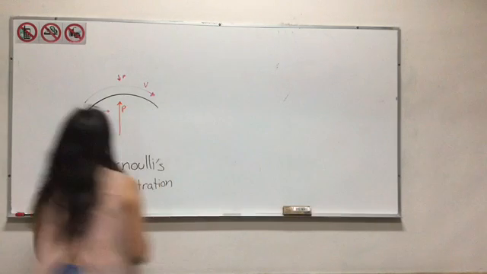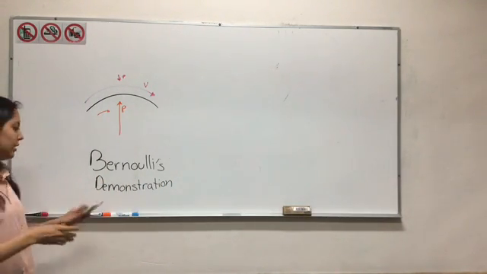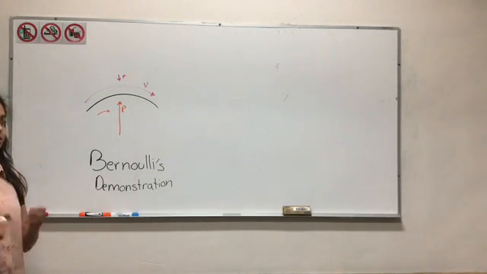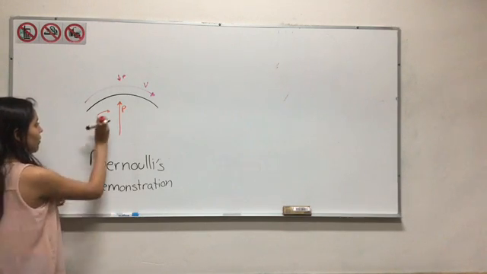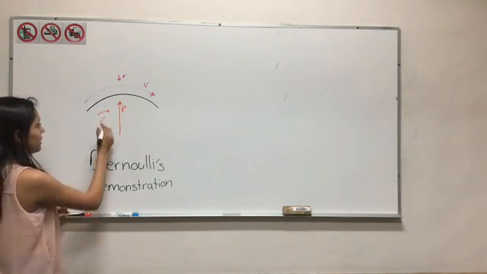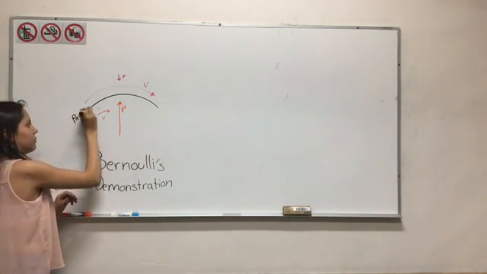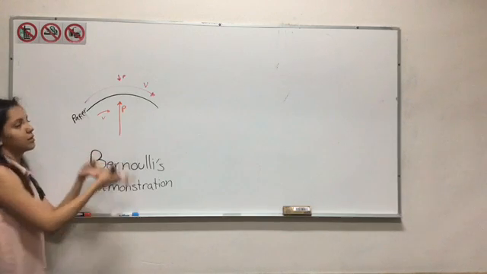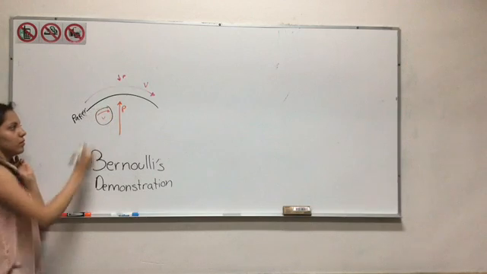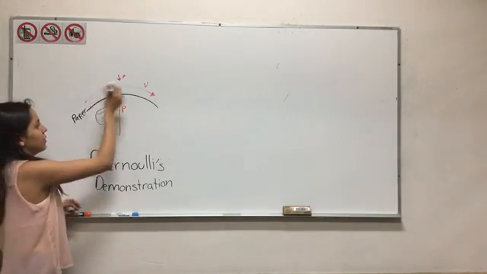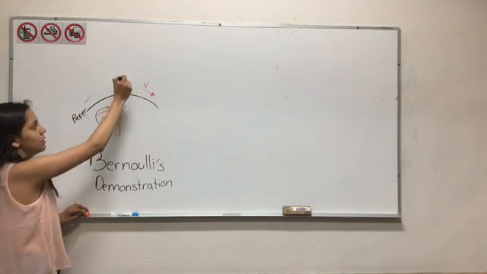So the Bernoulli's demonstration is okay, but I think that it's misunderstood. So I'll try to explain first why it's wrong. The application: downwards, let's say it's a paper, the pressure is bigger and the velocity is small, so this makes the paper go up, and the velocity from the top is bigger and the pressure is lower.